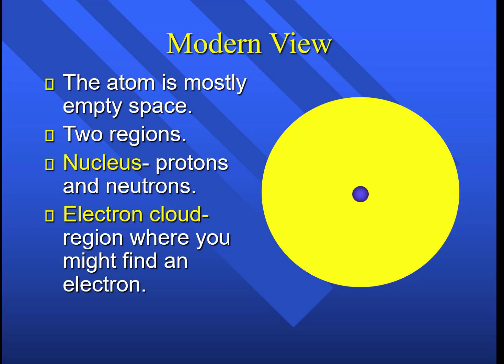And the area outside the nucleus is called the electron cloud. Now, it's not a cloud of electrons. It's a cloud of probability. It's where you have a chance of finding the electron.